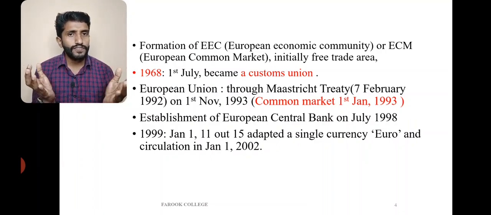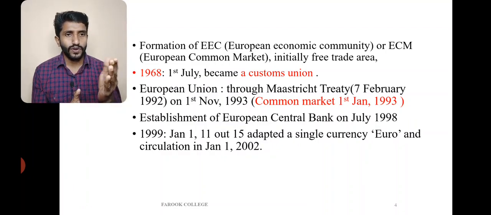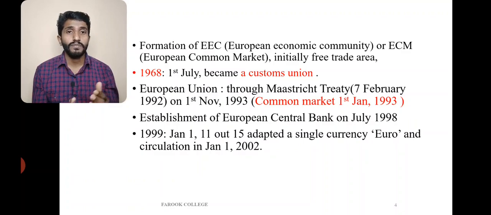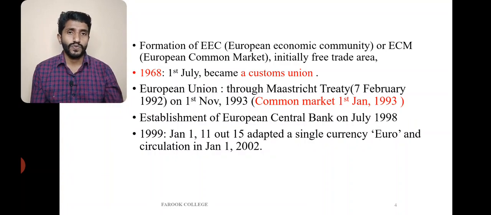So all kinds of economic integration happened in the European Union. Finally, we can say that it became an economic union, not only a common market. Especially after the introduction of the euro, it became an economic union.